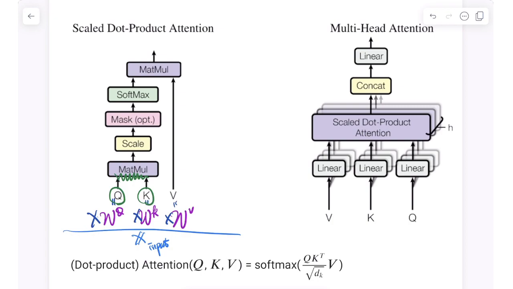Think about that: in convolution we have a kernel, right? We use the small kernel to go over the entire image, and we do such kind of matrix multiplication.